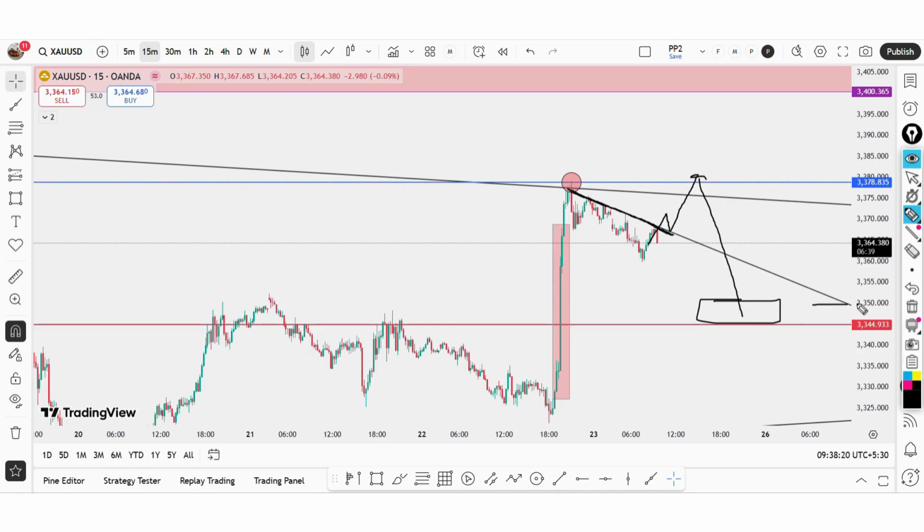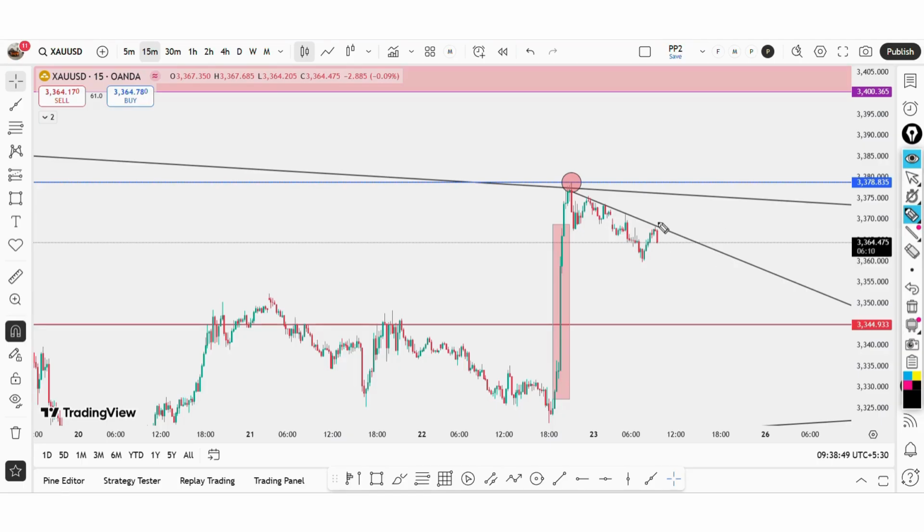The key level is 3350, 3344, which is the 50% and 61% Fibonacci level of this move. This is the first scenario. We will break out, invite and induce all the buyers, telling them to buy from here. They will buy, price will liquidate this, and then again price will liquidate all the buyers.